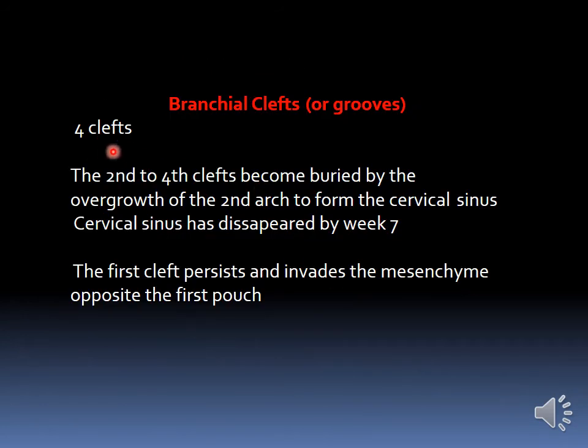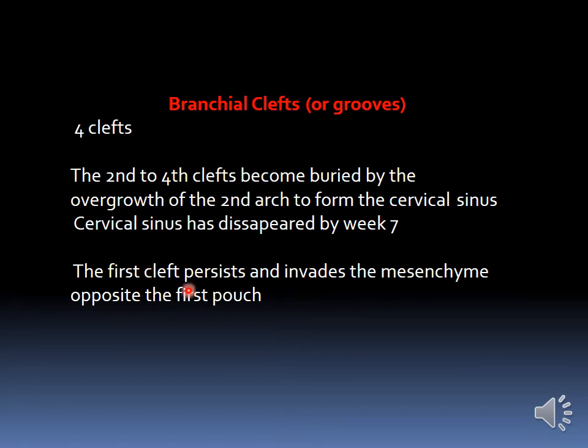Clefts: we have four clefts. The second, third, and fourth clefts become buried by the overgrowth of the second pharyngeal arch, as I mentioned before, to form the cervical sinus. Later on it disappears during development when the embryo reaches seven weeks of age.